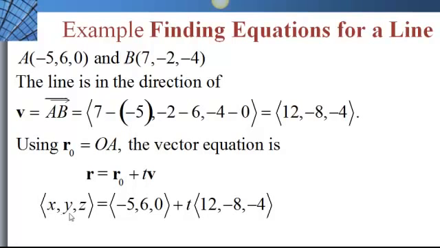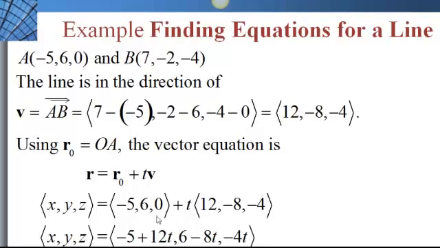So that vector (x, y, z) is going to be our original A, the vector (-5, 6, 0), that's from the origin to A, plus some number times the vector AB, which is (12, -8, -4).